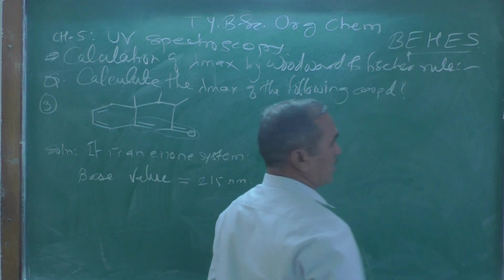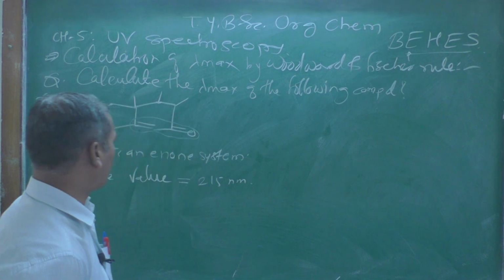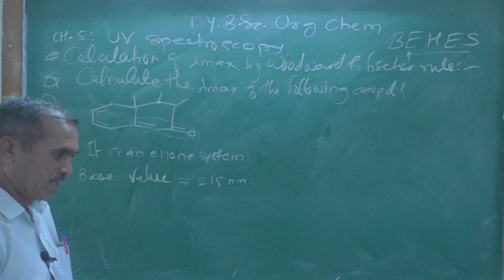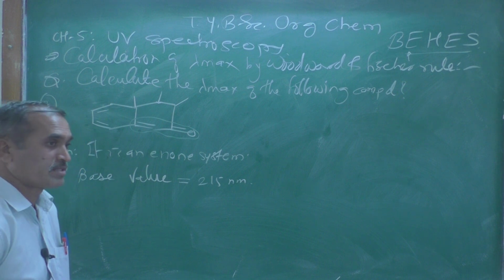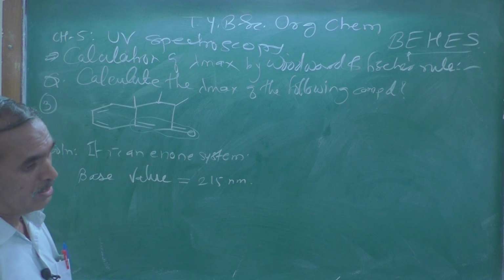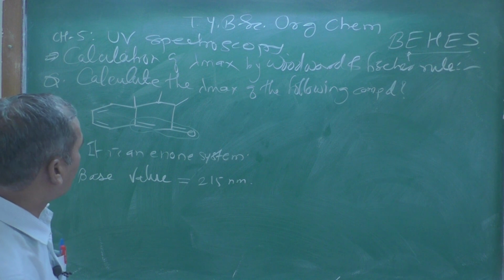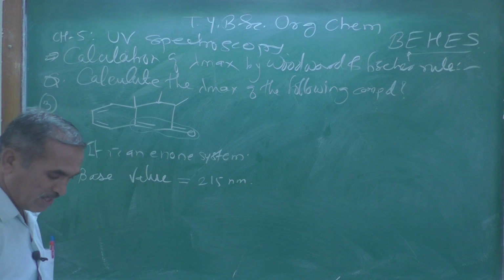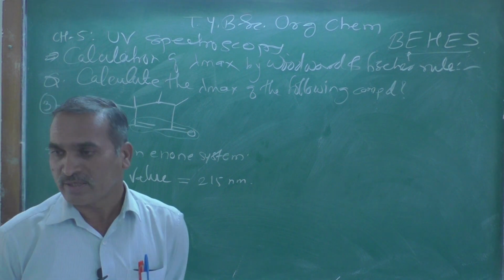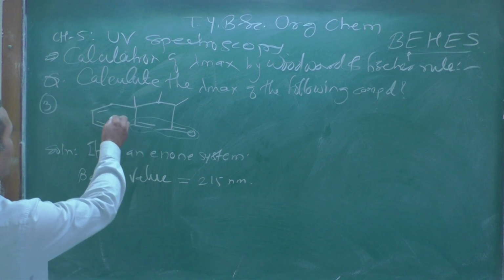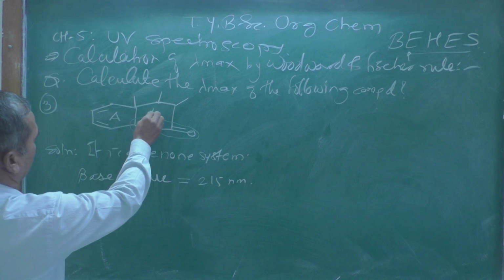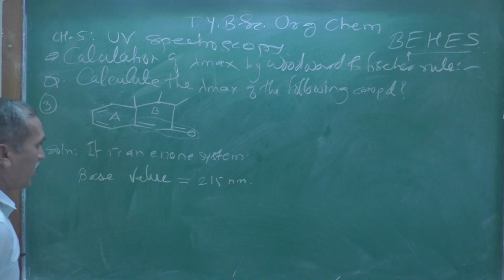E stands for exocyclic double bond. Is there an exocyclic double bond present in this compound? As I already told you, if there is a ring, you can label it. So here this is a ring, this will be the B ring, right?